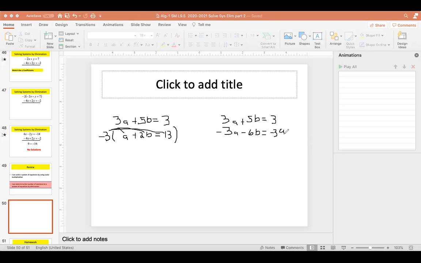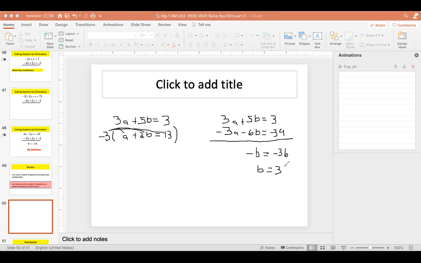Now we designed that, so now all we have to do is add. The a's cancel. Then you're left with negative 1b equals negative 36. You got it. Therefore, B is equal to 36.